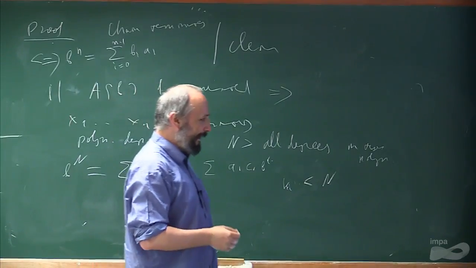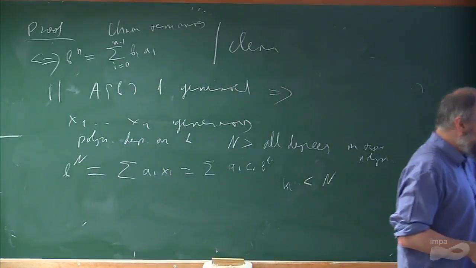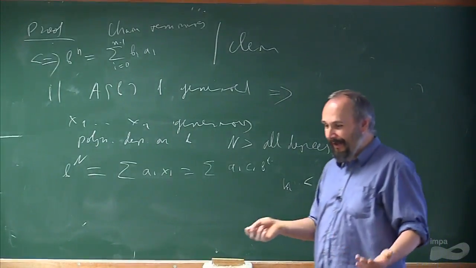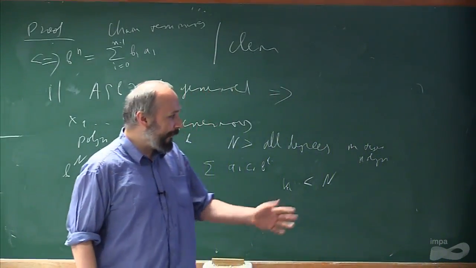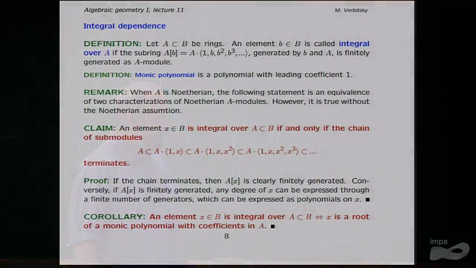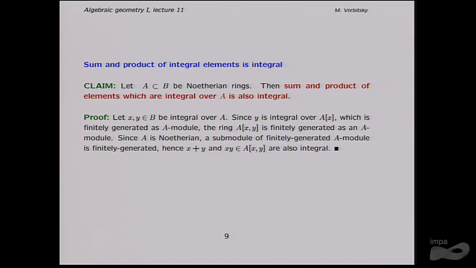Anyway, it's probably easier just to look at this chain and realize that finite generatedness is, for Noetherian rings, a precise determination. So then there's nothing to prove. But this statement still takes Noetherianity.